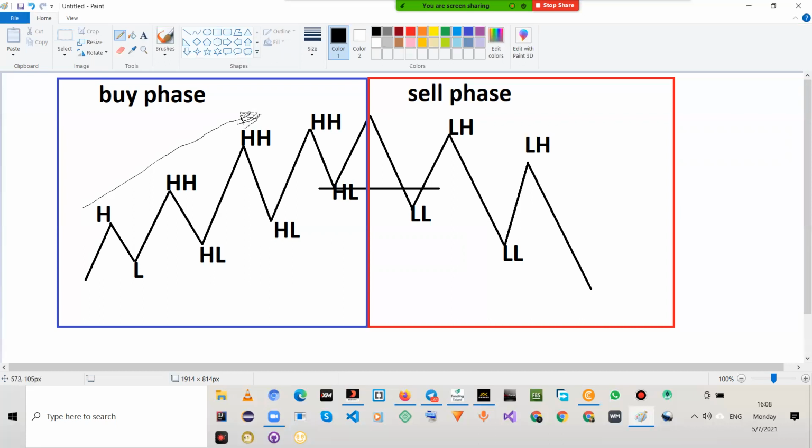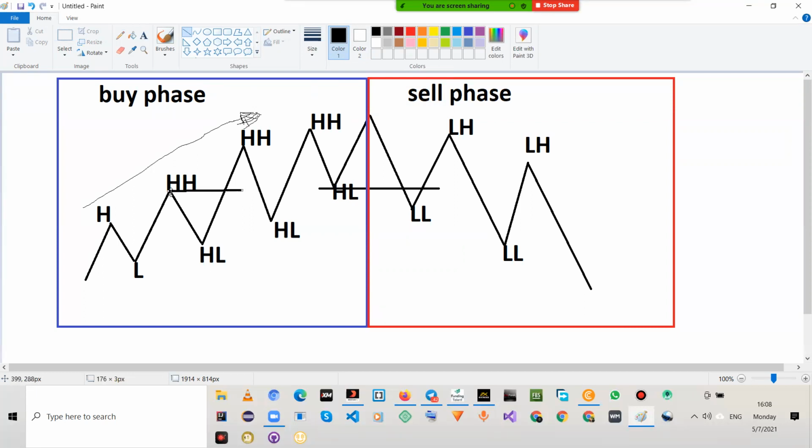So what you do now is that after you notice that price is in an uptrend, you're going to wait for the break of the structure right here.